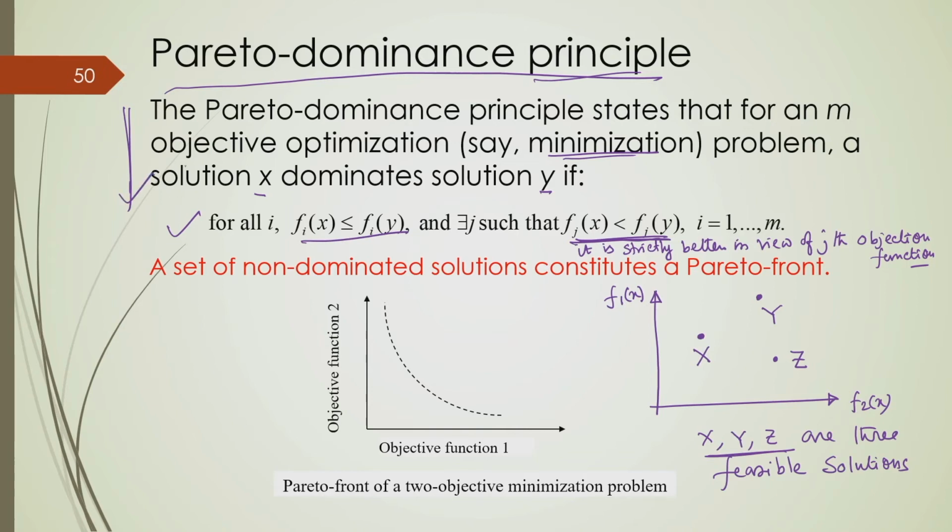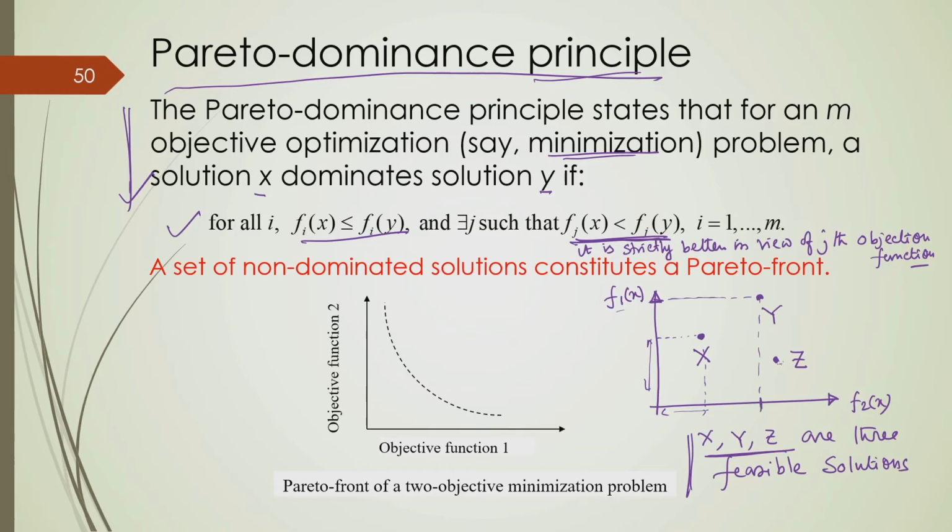In order to visualize this, let us have three possible solutions, or three candidate solutions, or three feasible solutions, which we represent with these dots. As you can see, for solution X, this is the value of objective function 1, and this is the value of objective function 2. Similarly, for solution Y, this is the value of objective function 2 and this is the value of objective function 1.